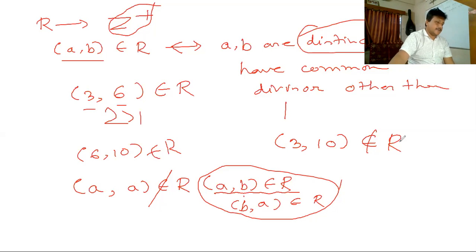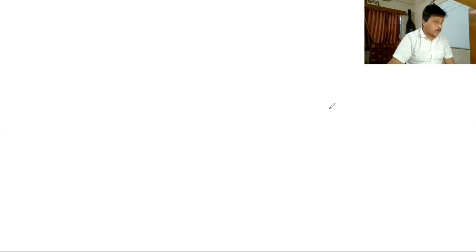You can consider another example, and this time from GATE 2010, a little bit old GATE paper. However, we can consider it because this involves a formula. What is the possible number of reflexive relations on a set of 5 elements? So a set, suppose capital A, contains 5 elements.